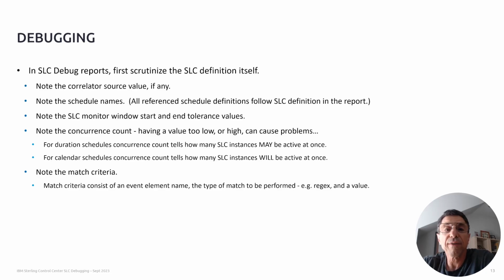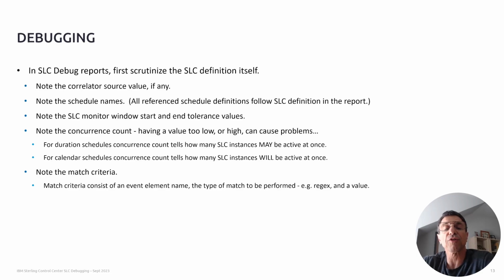When you have your SLC debug report, you're going to want to scrutinize all the parts of it, especially the SLC definition itself, the correlator source. That's something that helps the system with workflow SLCs know what's the same between multiple milestones. What might be the same?